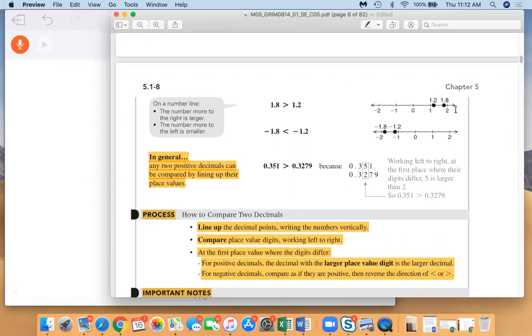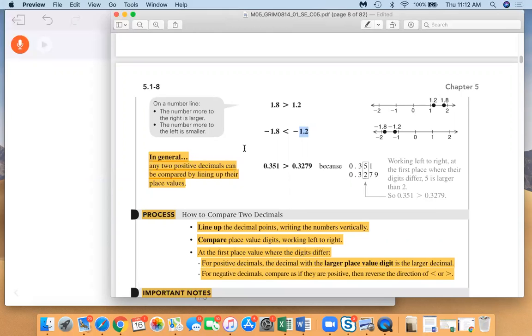Now, be careful, just like we learned with whole numbers, when we start looking at negative numbers, it's the opposite. The 1.8 part is bigger, but it's farther from 0 in the negative direction. Here, negative 1.2 is bigger because it's closer to 0 on the negative side, right? It's farther to the right on the number line.